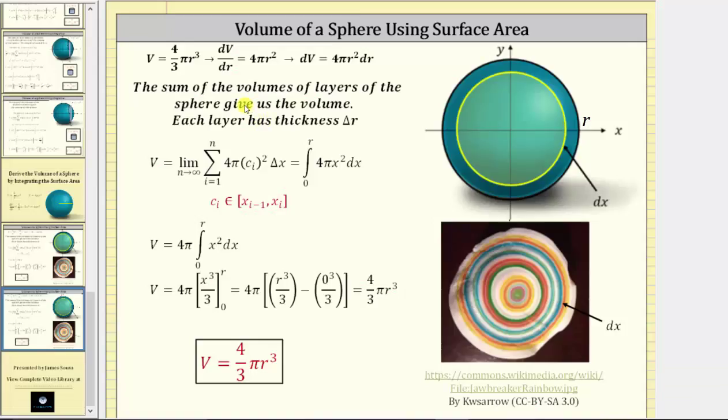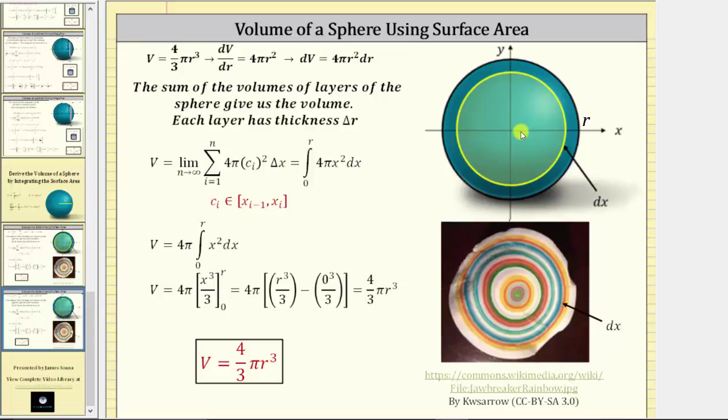A sphere is three-dimensional, but here we'll take a look at it only using the x and y axes. Let's visualize this yellow part as one layer of the sphere, where the thickness of the layer, because we're on the coordinate plane, is going to be differential x or delta x, and the radius would be some x value in some subinterval of x based upon delta x, or the change of x.